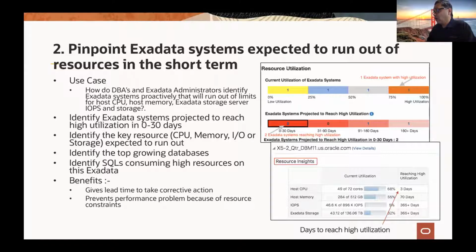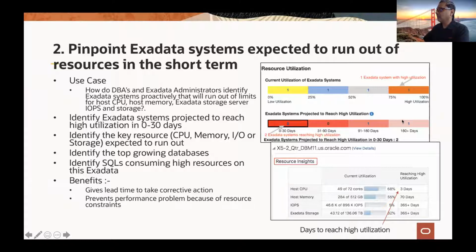So we do have an out of the box app that solves this problem. I have taken a screenshot, and if time permits, I'll go through the demo a little later on. Out of the box, we project any Exadata systems that are going to reach a capacity threshold like 75% between 0 to 30 days. You see here between 0 to 30 days.